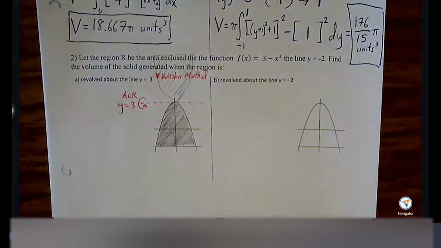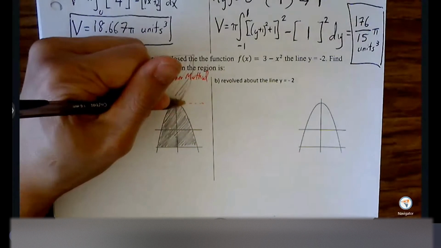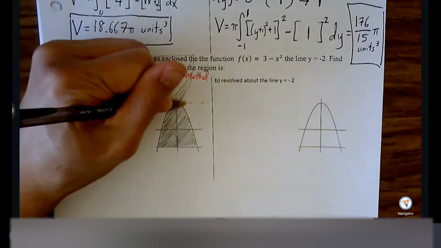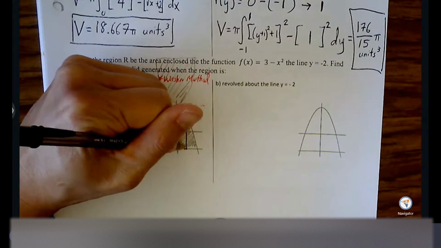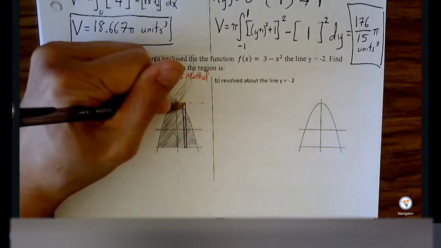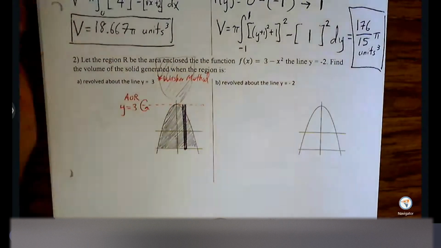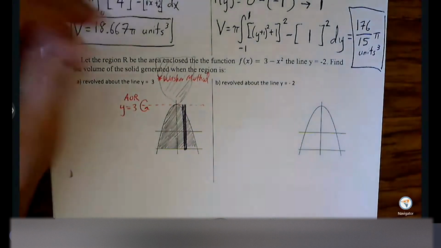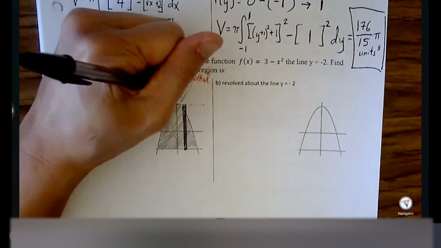Let's go ahead and draw our big radius. So start at the center of your object, which is the axis, and we're going to extend to the furthest boundary of your shaded region. I'll call that big R of x.